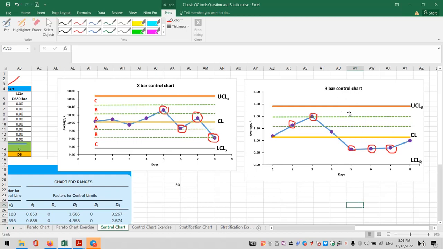Kita tengok memang dia pun masih lagi yang ni pun out of control juga ni.